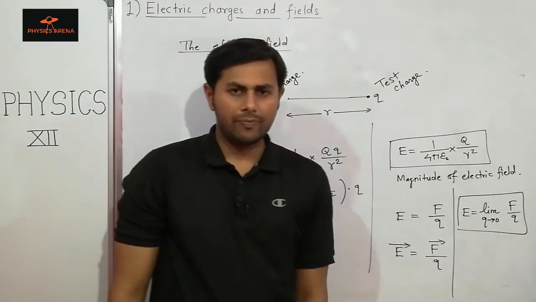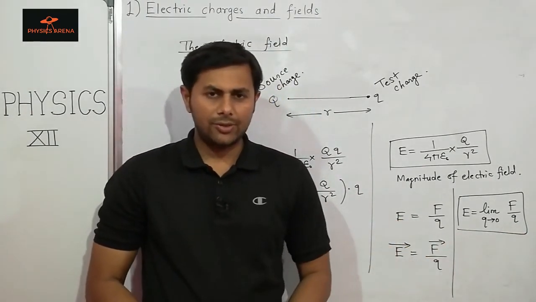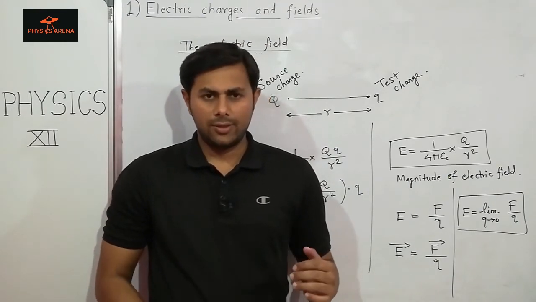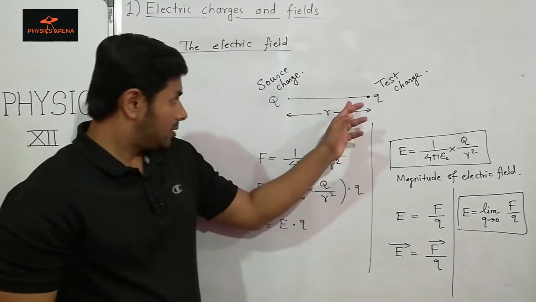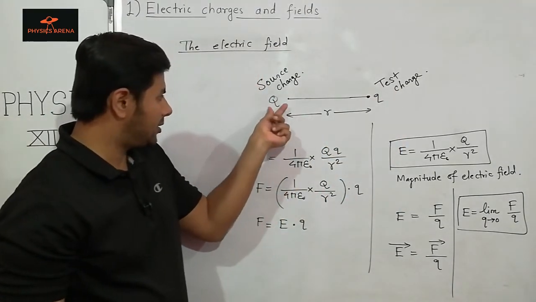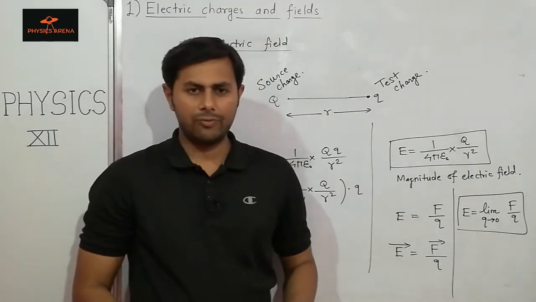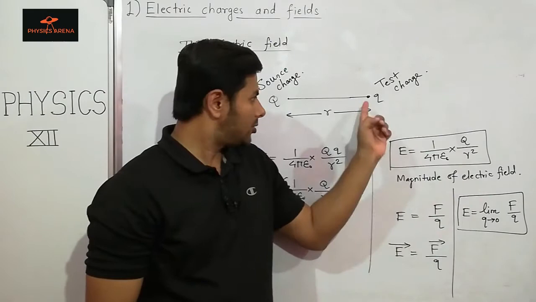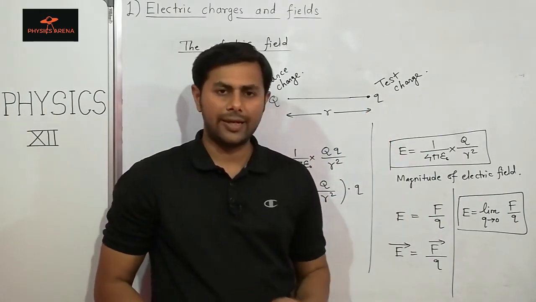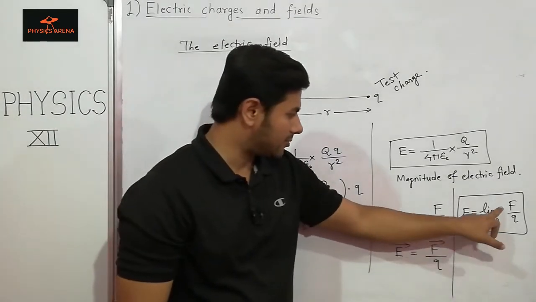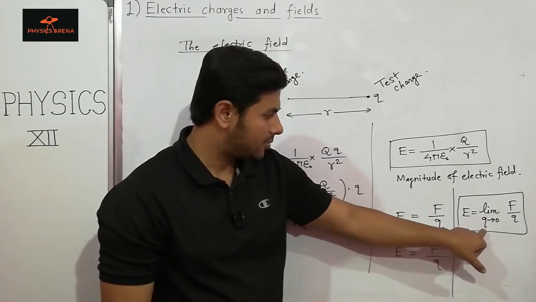It's because the test charge should be negligibly small, because if the test charge is large, then it will disturb this charge also, and we don't want that. We want to measure acceleration of this charge only, so only this charge should get accelerated and not this one. So that's why we take this limit q tends to 0.